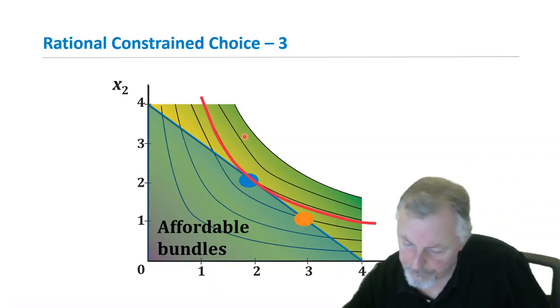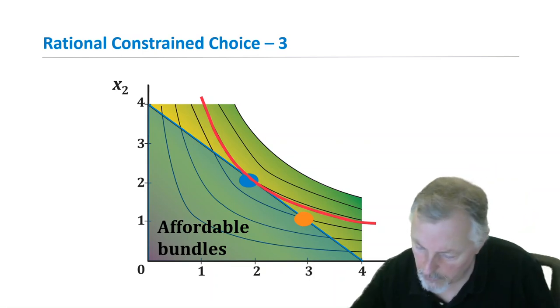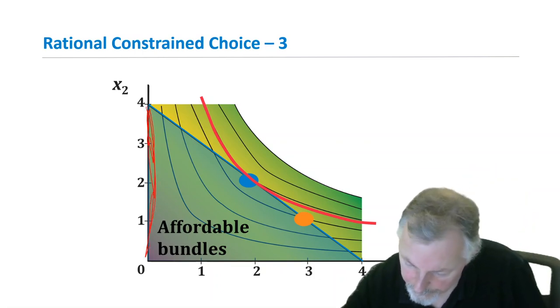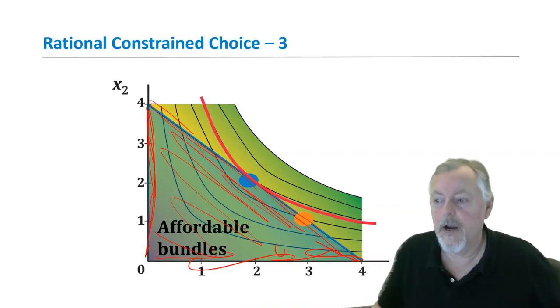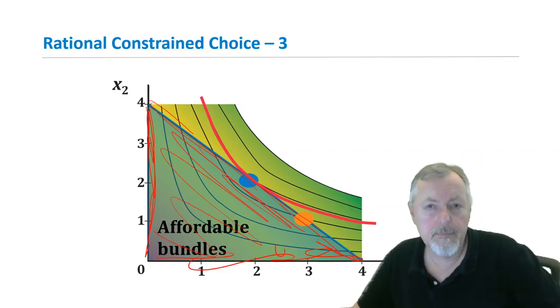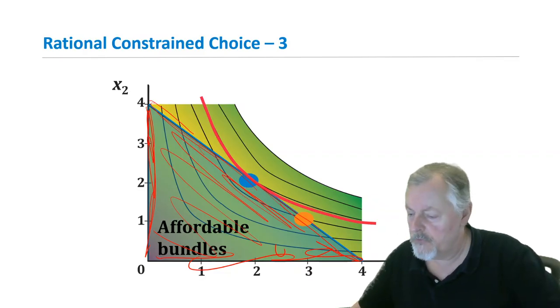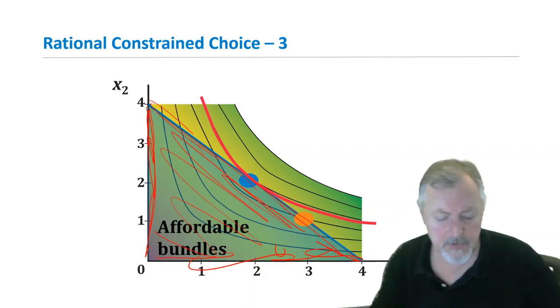So we know that the person will choose something in there, up to and including the budget constraint line. Of all of those choices, which one makes the person happiest?